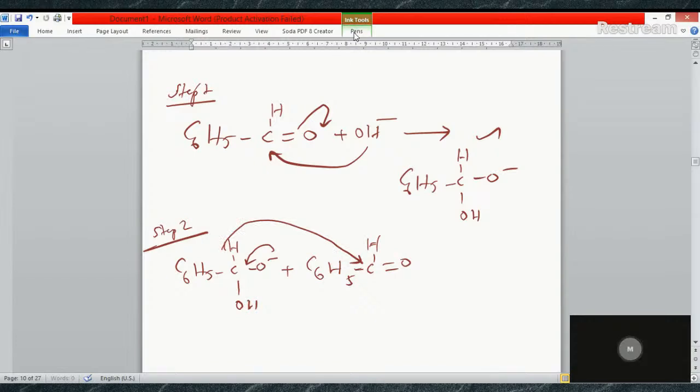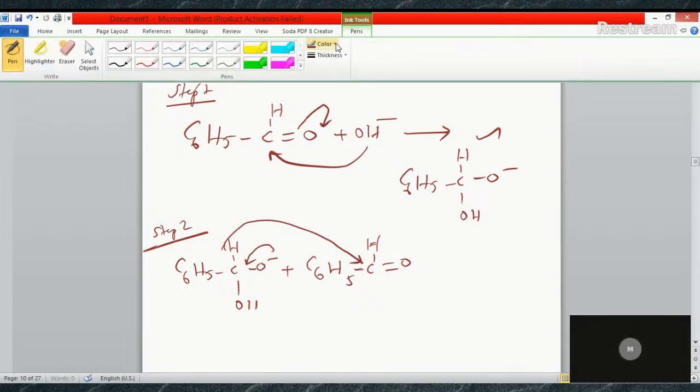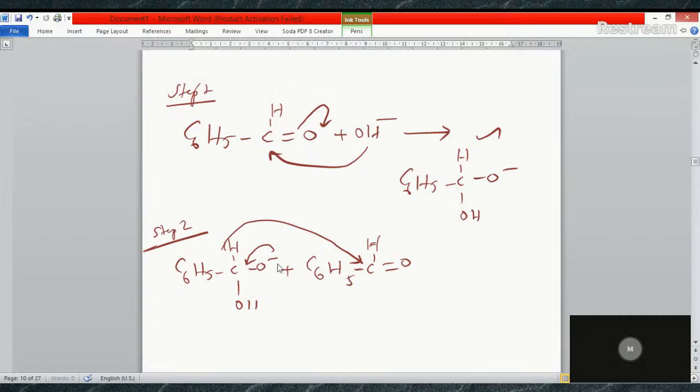Try to understand this mechanism. It's very, very simple. The oxygen is carrying minus, so there will be a double bond between them. Now this hydrogen is leaving and attacking this carbon atom. So it is called a proton transfer step, which means a hydride ion is getting transferred. Why is this called hydride?